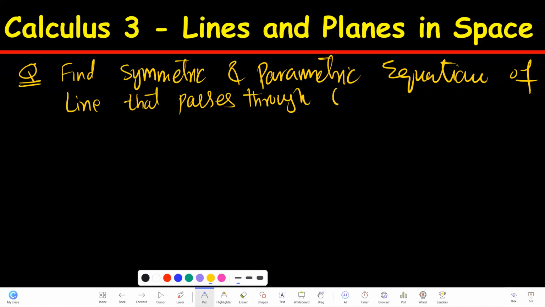Remember what I'm doing right now, pay attention: I did not use other parentheses. I'm using these parentheses because I'm talking about coordinates, not vectors. That is your homework problem. If you want to practice, make sure you got this straight. There will be more than one answer for these equations, so don't be confused or surprised if you see more than one answer.